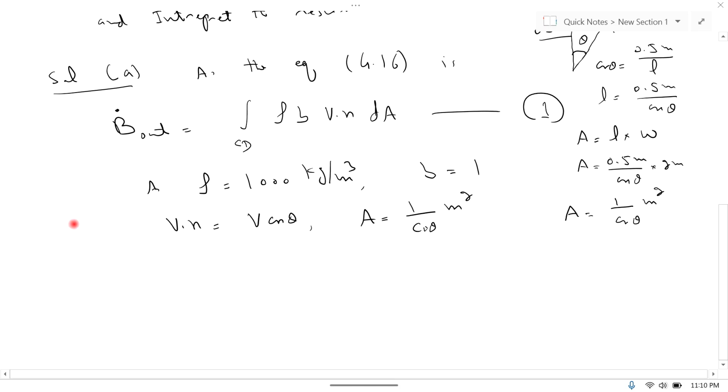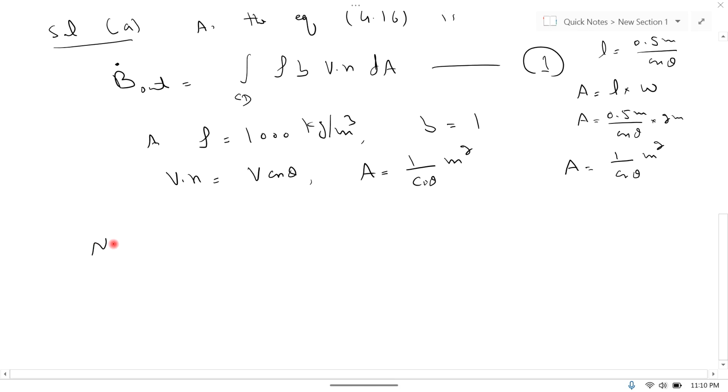Now we know that the output flow rate is equal to the integral over CD of rho V dot n, which is V cos theta, with b equal to 1, and the integral of dA is equal to the area of the CD surface.